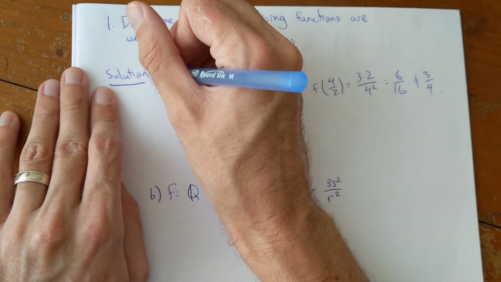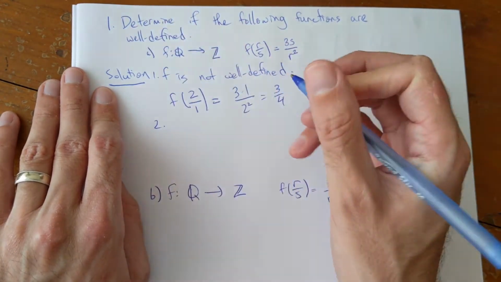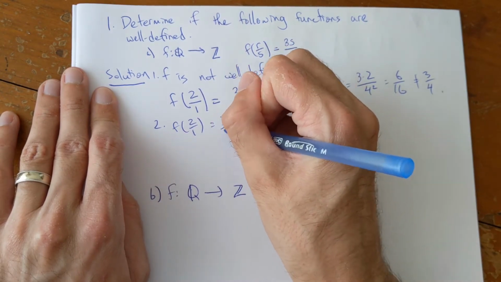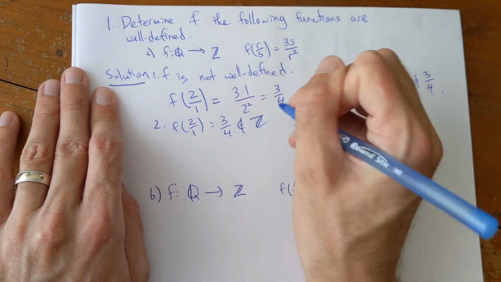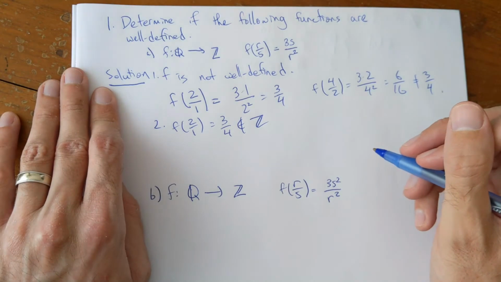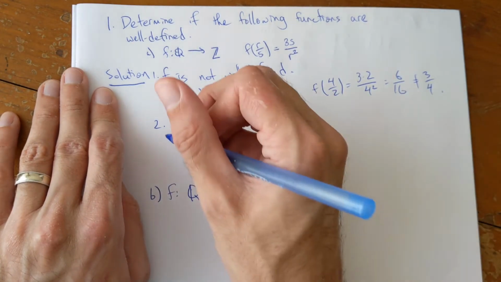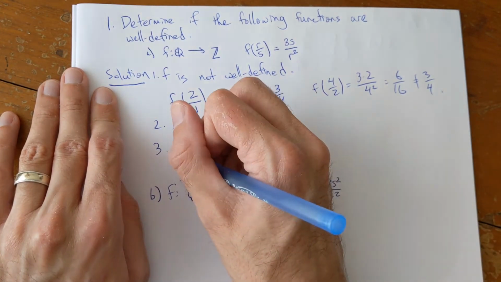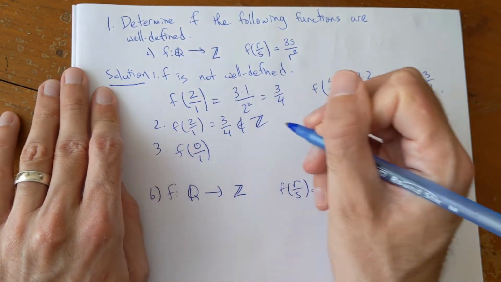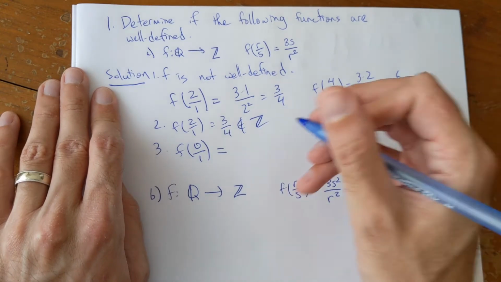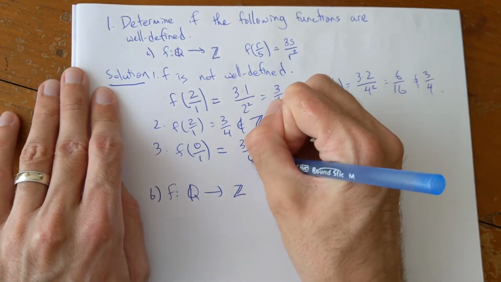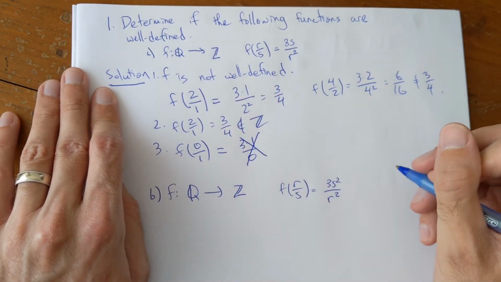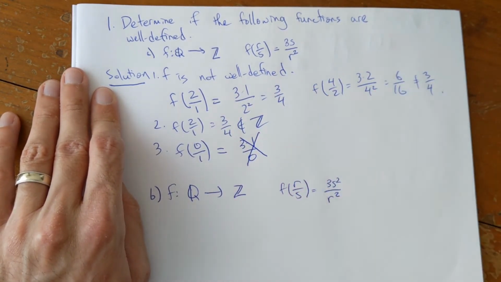So that's one reason. You could have also said that f of 2 over 1, which is 3/4, is not an integer, so it doesn't lie in the codomain, so it's not well defined for that reason. And you could have also said that f of 0 over 1, which is supposed to be 3 times 1 over 0, is not well defined because 3 over 0 is not defined.